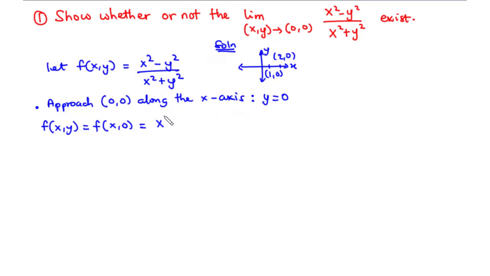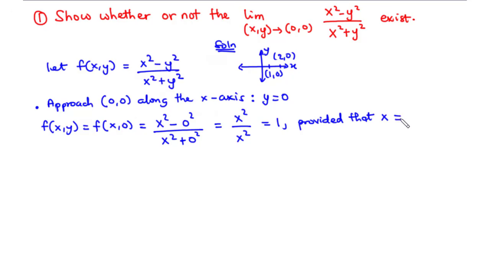So we have x squared minus 0 squared divided by x squared plus 0 squared, and that becomes x squared divided by x squared, which is equal to 1, provided that x is not equal to 0. If x is equal to 0, this becomes indeterminate, and then we don't know which value it is. So along the x-axis, we have the limit to be equal to 1.